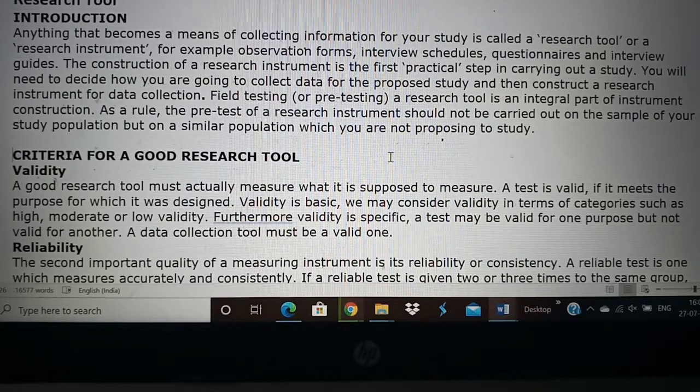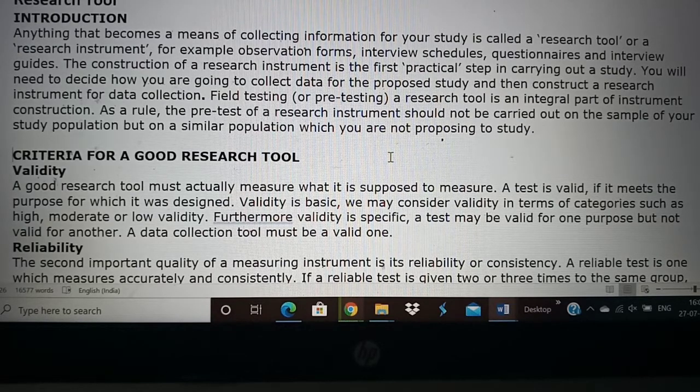Then you can use a questionnaire. The questionnaire, the observation and the interview are research tools. As a researcher you create questionnaires which you give to patients or other samples, and you collect the questionnaires. So these are all research tools which can be used for data collection.